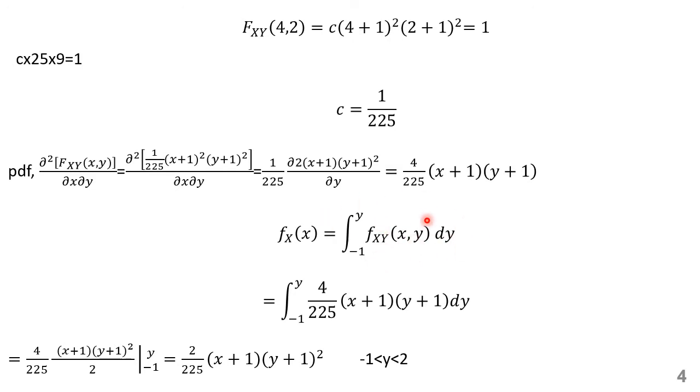So bivariate CDF is given by 4/225 (x+1)(y+1) dy. So we get the answer as 2/225 (x+1)(y+1)^2. The range for y varies between -1 to 2.